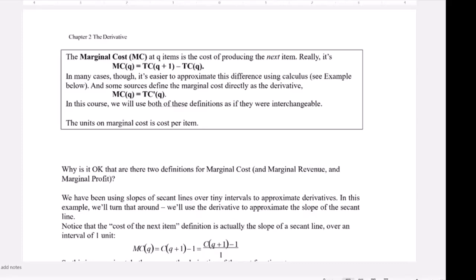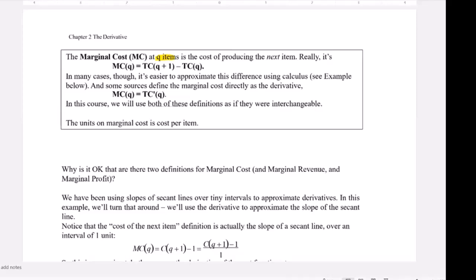So the marginal cost, and here we're talking about producing Q items, is the cost of producing one more. Let's say we know our total cost, and then we make one more, and we find out how much it costs to make that one more thing. That would be the marginal cost.